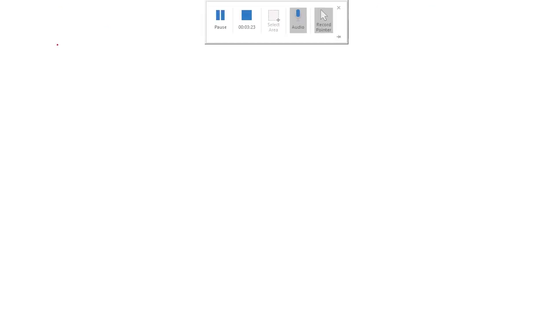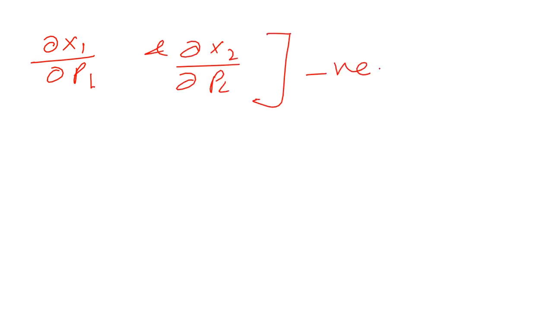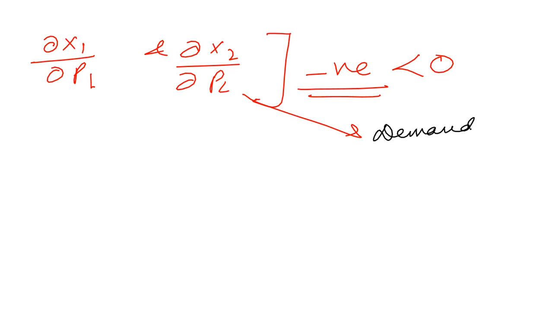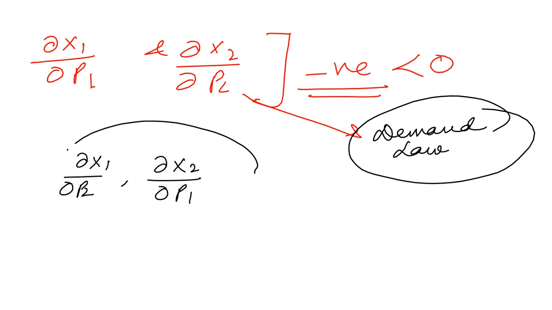The first thing to remember is that del x1 by del p1 and del x2 by del p2 are always negative, less than 0, because they represent the law of demand. But the sign of del x1 by del p2 or del x2 by del p1 is not necessarily negative.